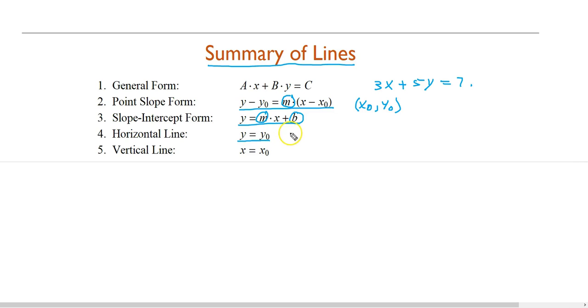Also notice that the slope of a horizontal line is always 0. And then we have a vertical line, x equals x0, for some number x0 that would be given to you. And the slope of any vertical line is undefined, or we say DNE, does not exist.